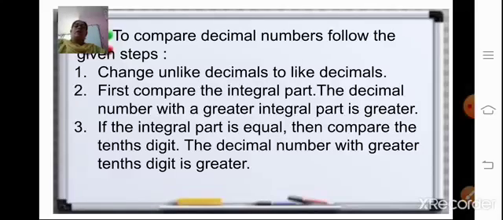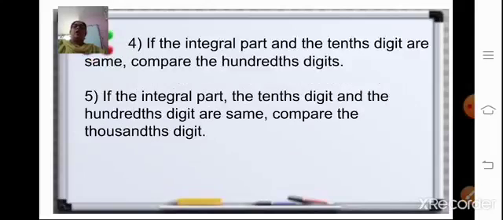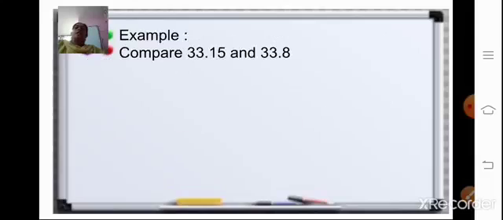The decimal number with the greater 10th digit is greater. But if the integral part and the 10th digits are same, then we will compare the 100th digits. But again, if the integral part, the 10th digit and the 100th digits are same, then we will compare the 1000th digits. Okay. So let us start with an example here.